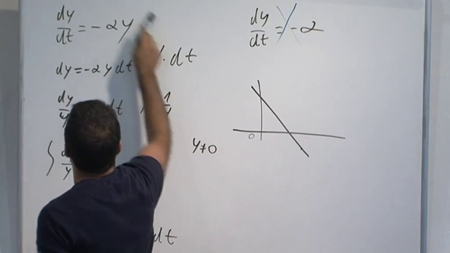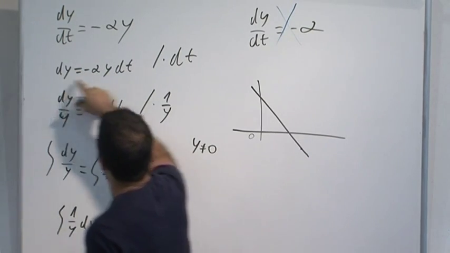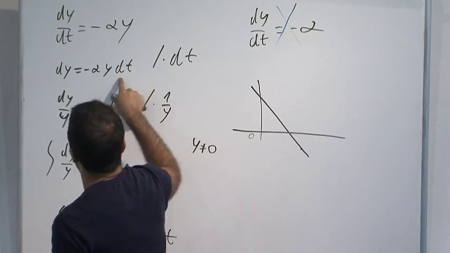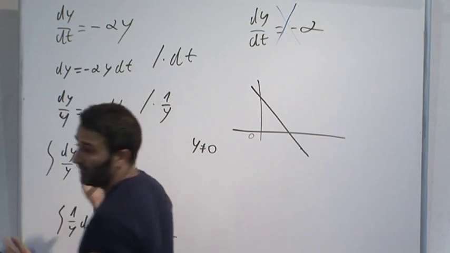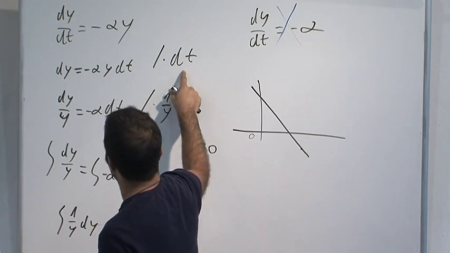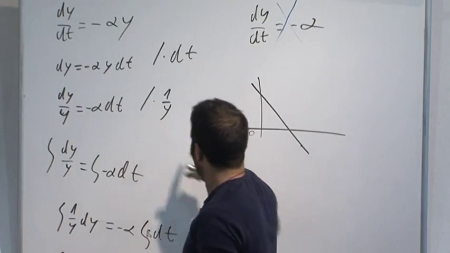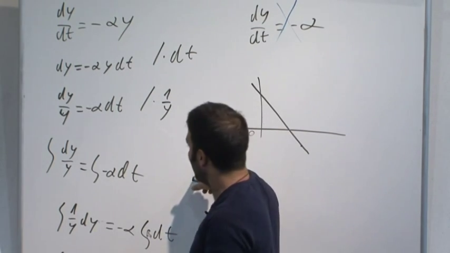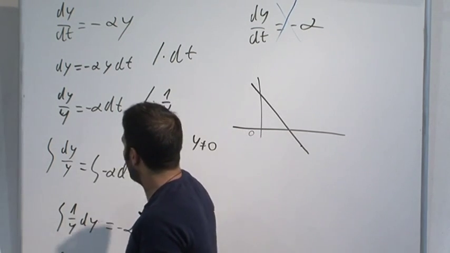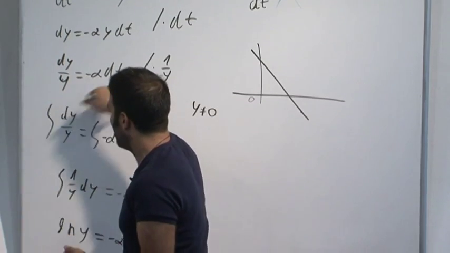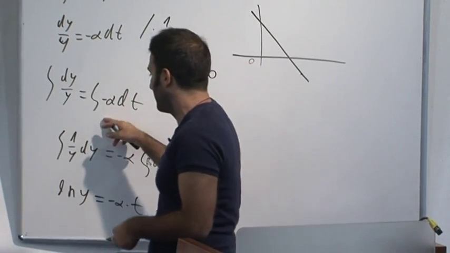So we start from the equation. Remember that we can multiply and move the dt and dy if we need. So we multiply by dt and divide by y. We said we're going to look at y equals 0 soon. And then we said if they both are equal, we can integrate over both sides.